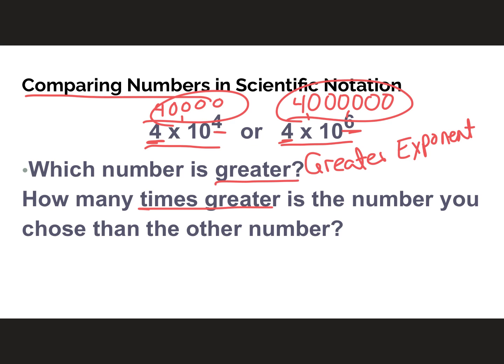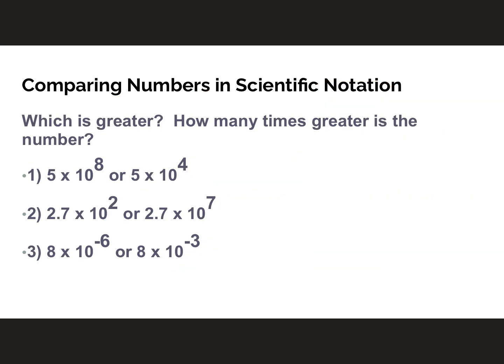I'm asking how many times I could divide one into the other. Well, that's pretty easy. I have the same coefficient here, 10 to the 4th and 10 to the 6th. So it is 100 times greater, 10 to the second power. We're simply dividing. That's 10 to the second power, so that's 100 times greater than the other one.